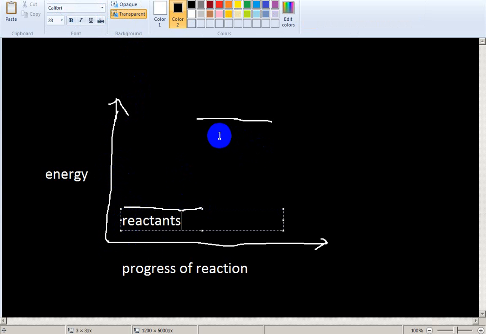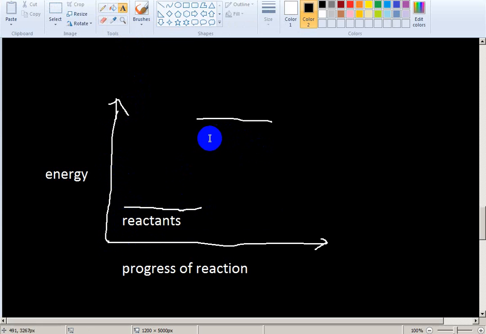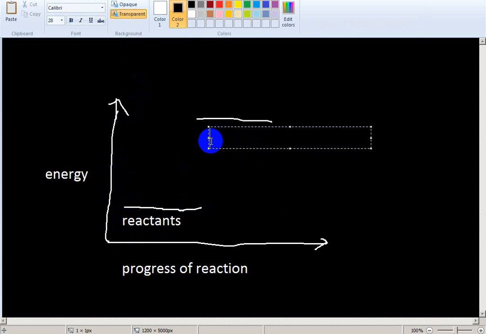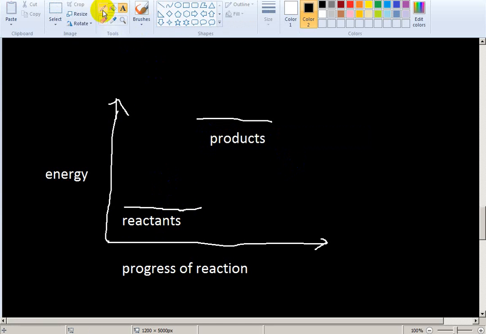This is the products' energy. When the reaction goes from reactants to products, energy is needed, so energy is gained. We write an arrow sign from reactant to product. This is the energy level diagram for the endothermic reaction.